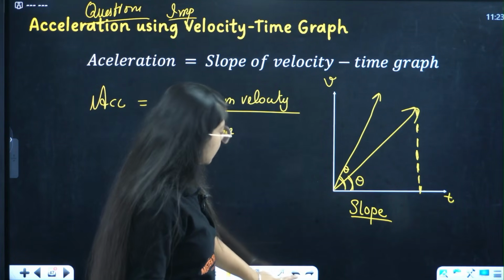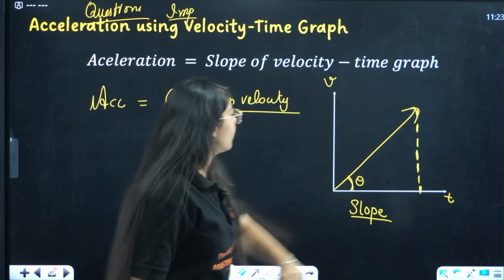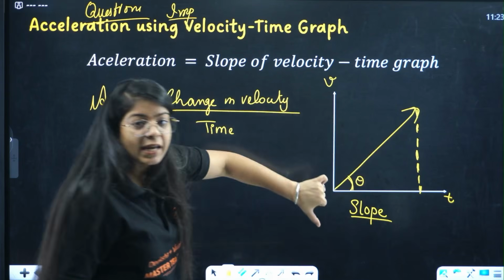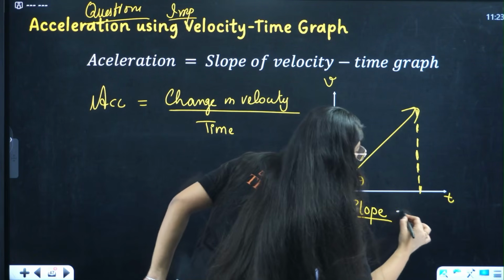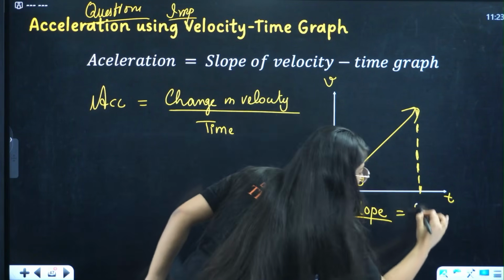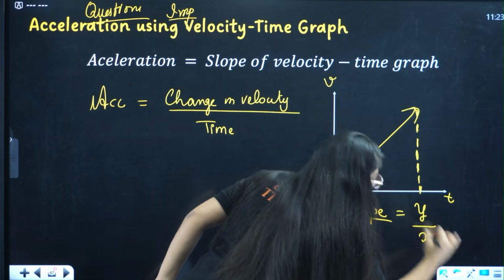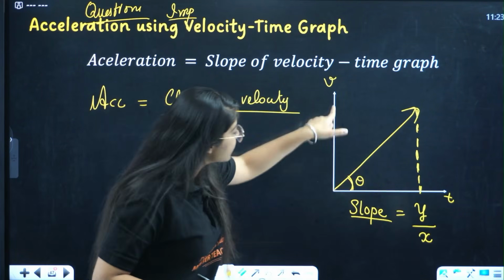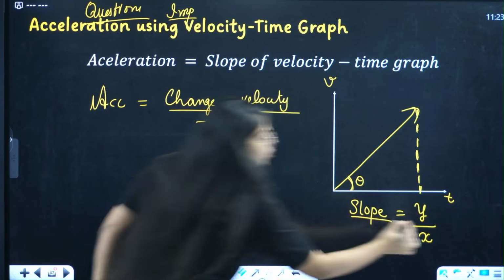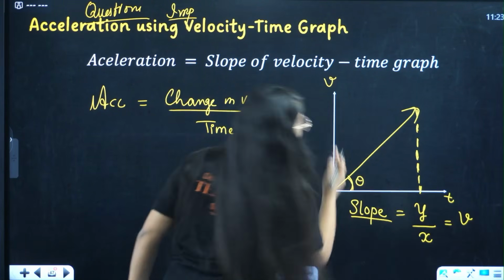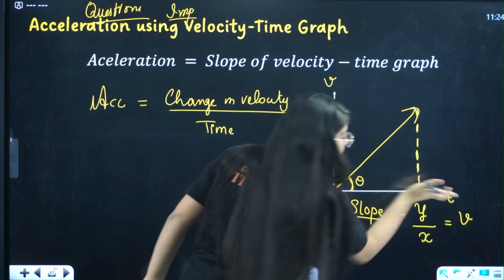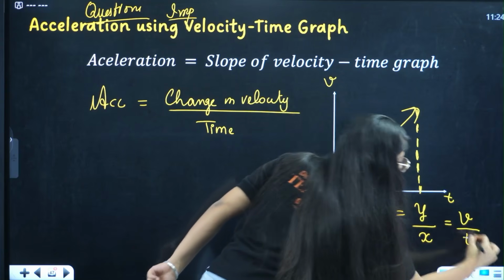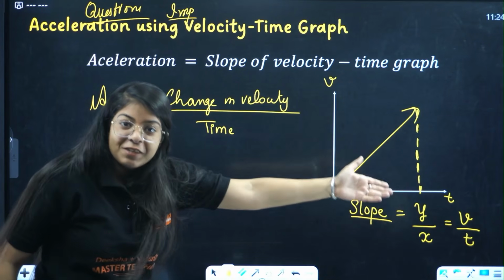Okay, let's see now this graph. So this is velocity. Now one thing you have to remember, slope is y-axis divided by x-axis. On the y-axis we have velocity. On the x-axis we have time. So acceleration is v by t.